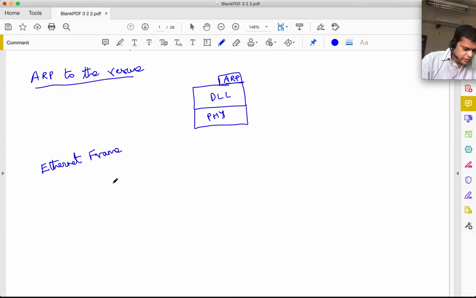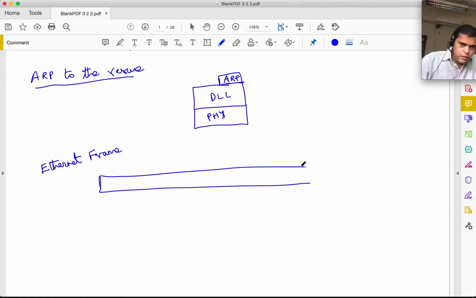So if you were to send out an Ethernet frame, it would have a preamble, and let's say this is the destination MAC. This is the source MAC. And there is a type or length field.